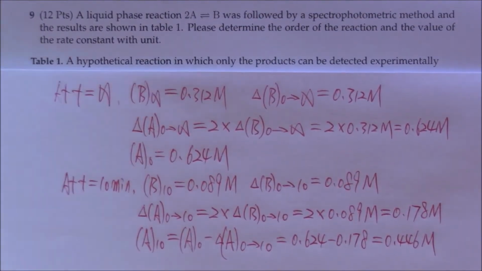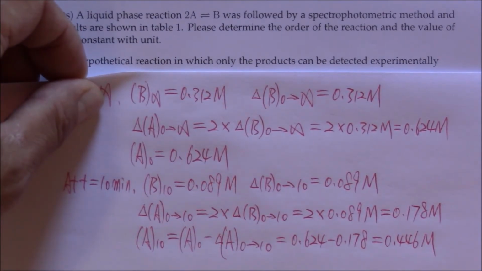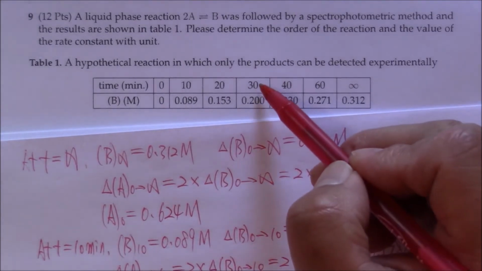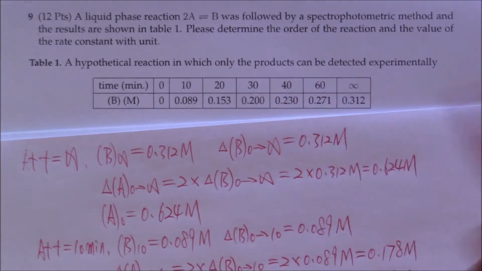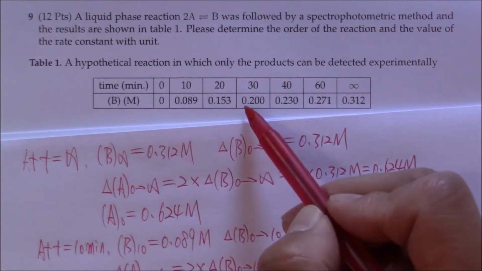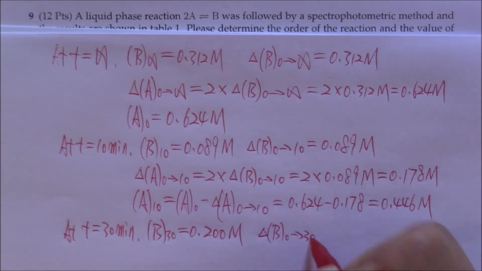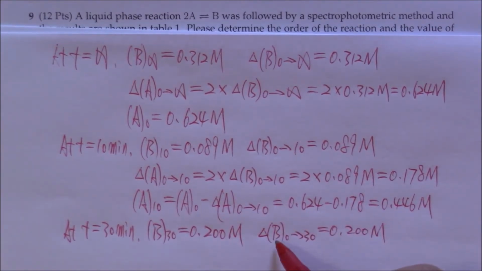Well, I think you probably need another example to show this calculation. Let me pick T equal to 30 minutes as an example. At T equal to 30 minutes, the concentration of B is equal to 0.200 molarity. We can use the change of B to calculate the change of A from the balanced chemical equation.